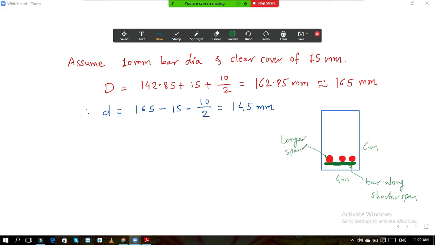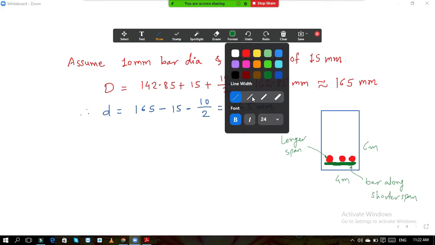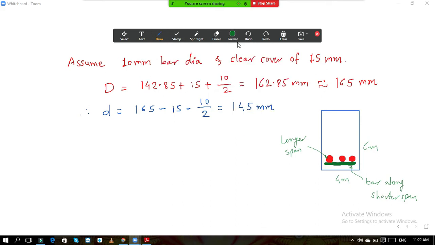Now, when I talk about the shorter span, what is my effective depth? So, when I talk about the shorter span, my effective depth will be, see, up to the center of this bar. This is my effective depth when I talk about the X direction or shorter span.